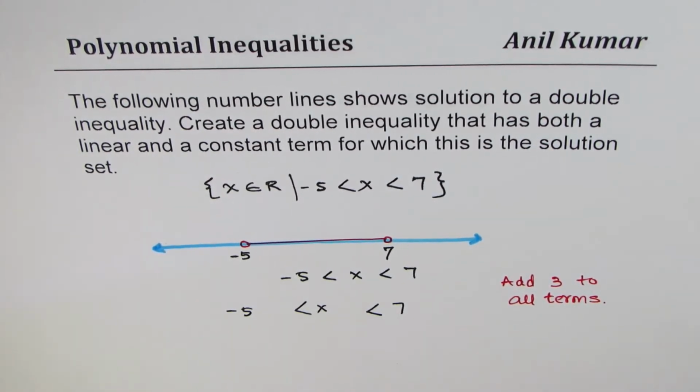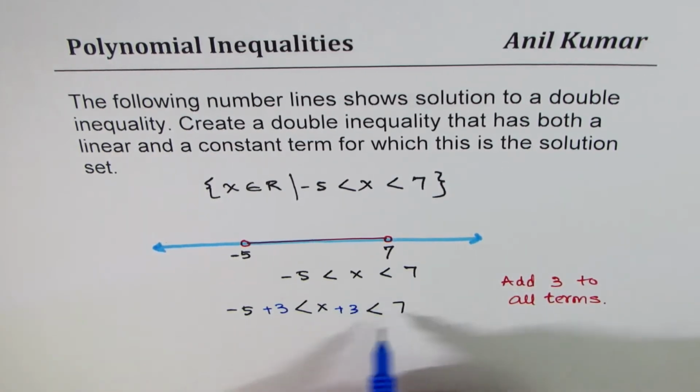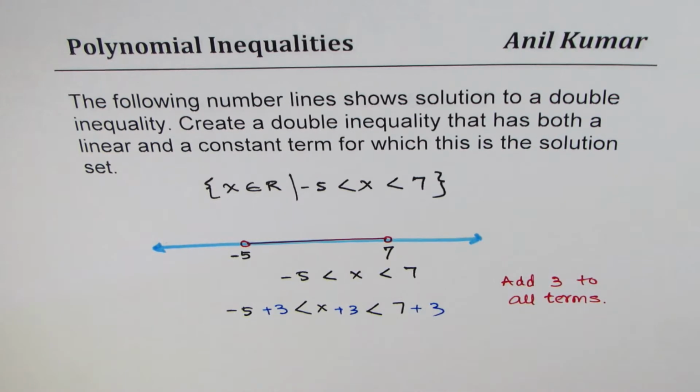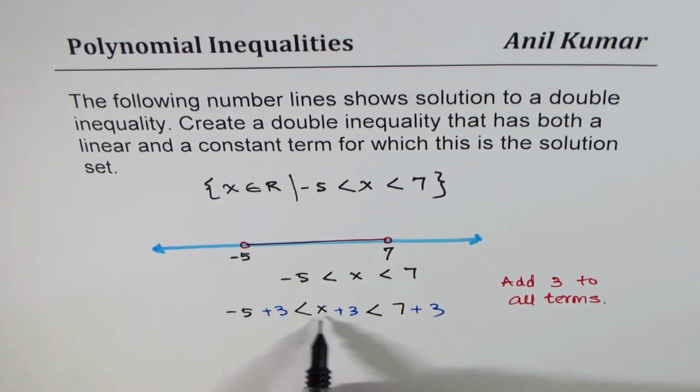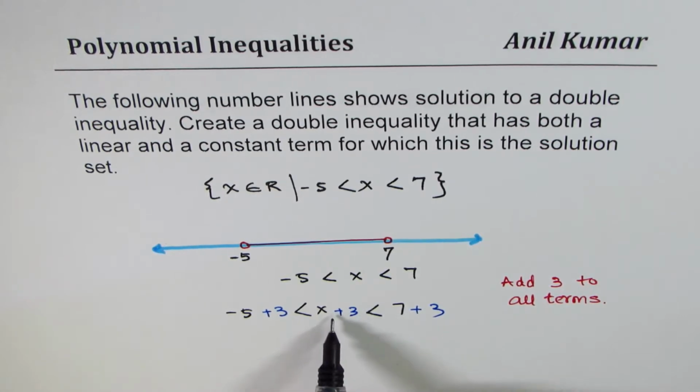So what we are doing here is we are adding 3. We have +3, plus 3. The inequality remains the same, correct? Since we have added one number to each part. But now the center term has been changed to a linear term and a constant. Do you see that? So we have a linear and a constant term.